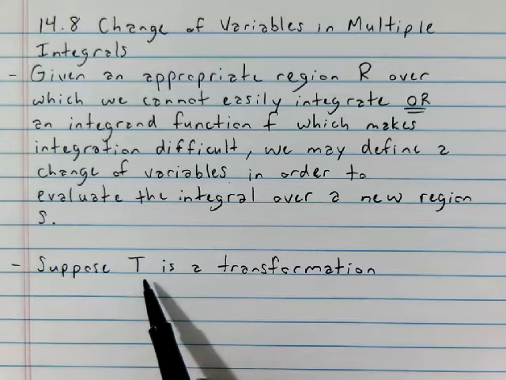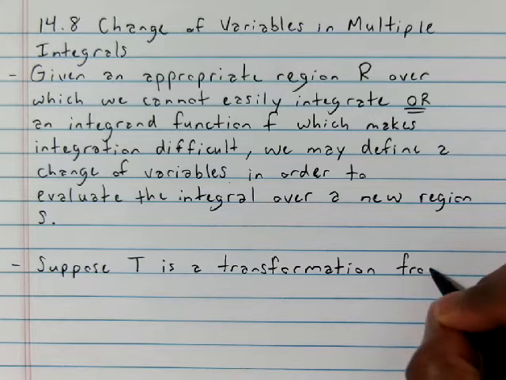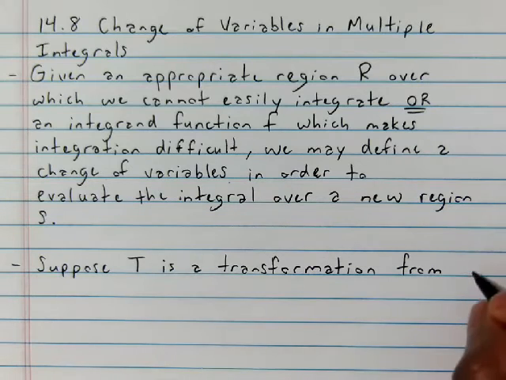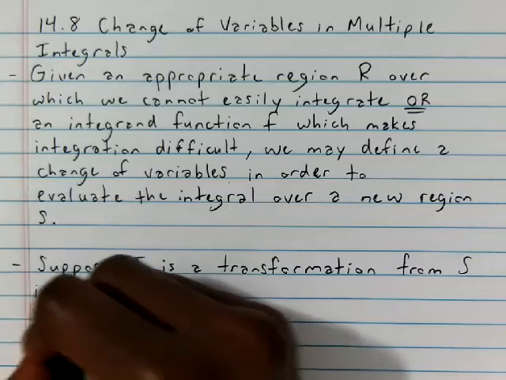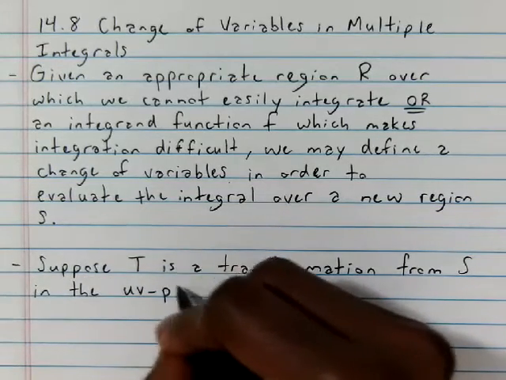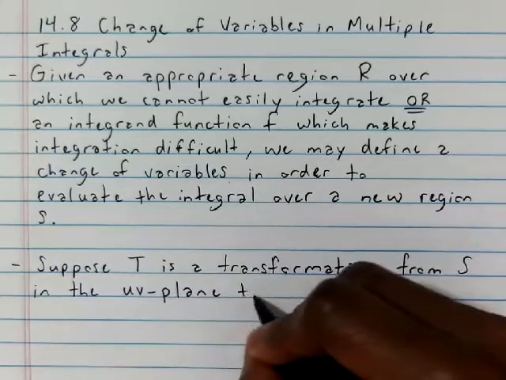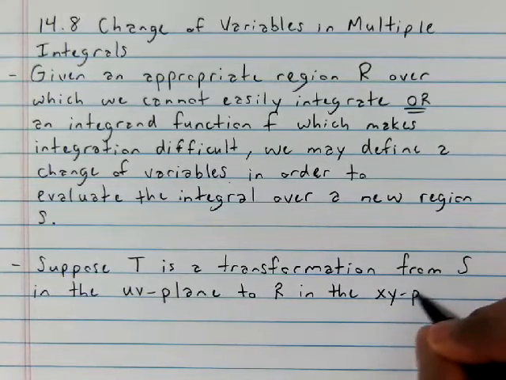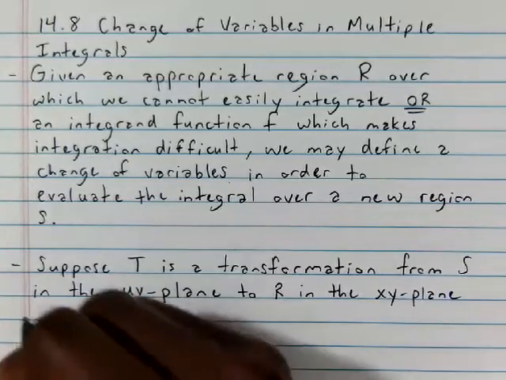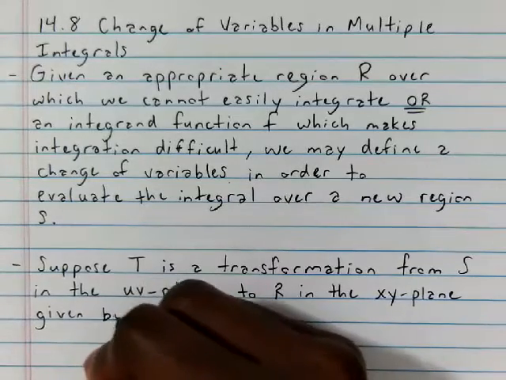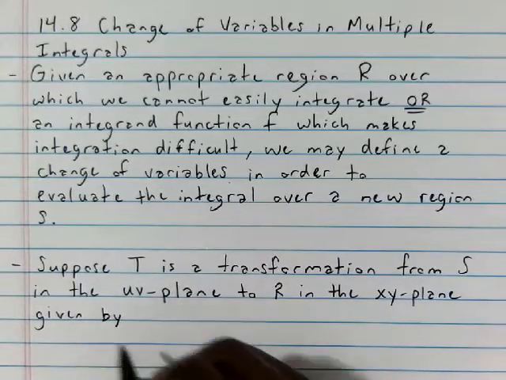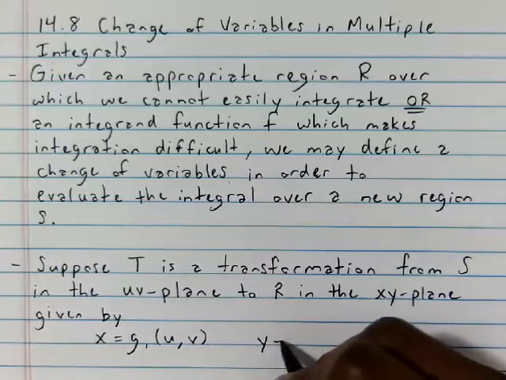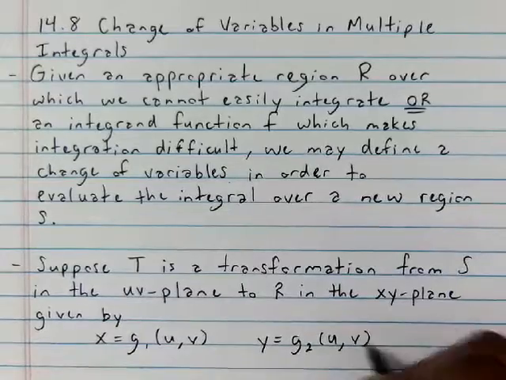What I mean by this capital T is really just a function, from S in the UV plane to R in the XY plane, given by X equals G1 of UV, Y equals G2 of UV.